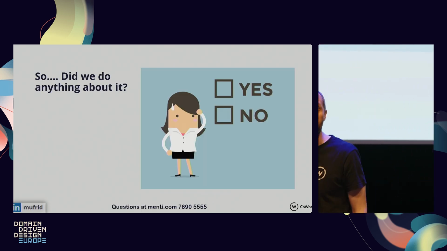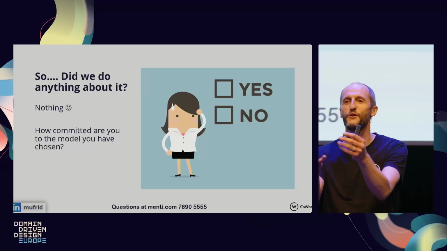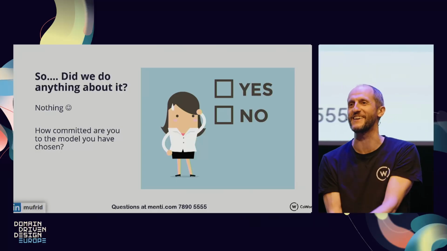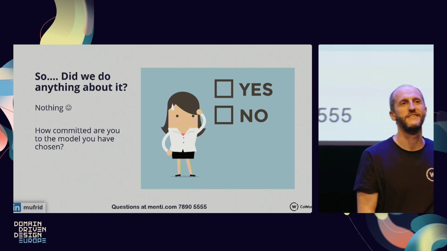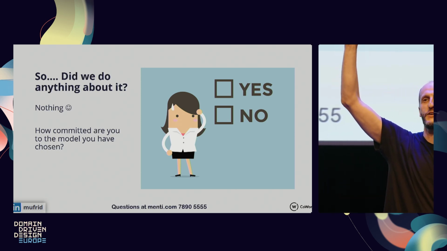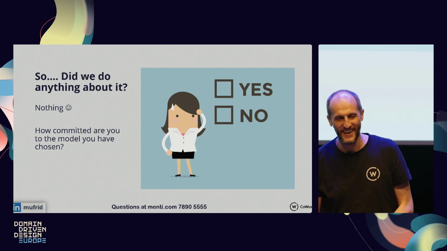But did we do anything about it? Nothing. Why? Because you are committed to something at some point, right? You are committed to your solution. You are delivering. It's working. And it costs too much to refactor. I agree, I admit.